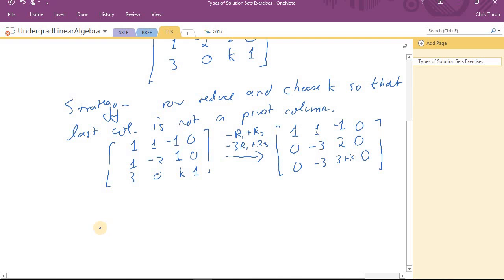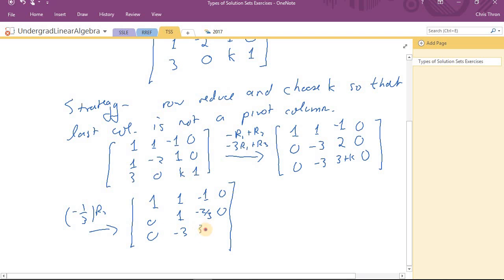To make this a 1, I'm going to have to do minus 1/3 times R2, and I have 1, 1, minus 1, 0, 0, 1, minus 2/3, 0. And then the last column I didn't do anything to: minus 3, 3 plus k, and 0.